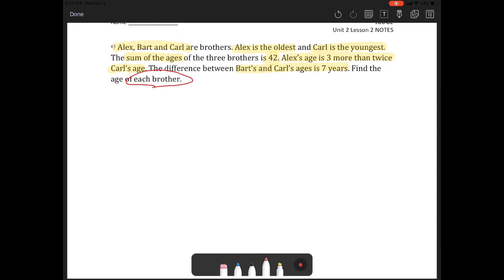Okay? So, first thing, one and easy, done, is we know that our first equation is Alex plus Bart plus Carl is going to be 42. That's our easiest one because it's the sum of all the ages. Next, we're going to look at our next sentence, which is Alex's age is 3 more than twice Carl's age. So that's going to be our second one.